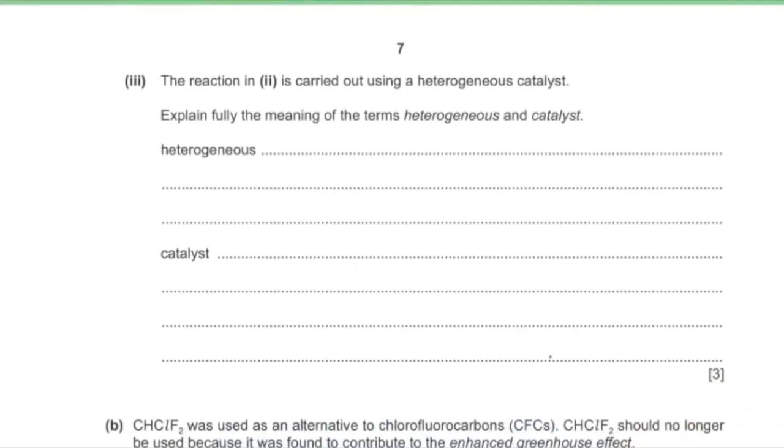Part 3, the reaction in 2 is carried out using a heterogeneous catalyst. Explain fully the meaning of the terms heterogeneous and catalyst. So a heterogeneous catalyst is a catalyst that is in a different phase to reactants.